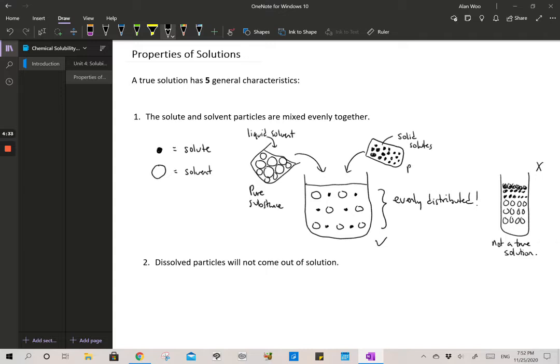And this is another pure substance. But when you mix them together as a mixture, then it's called a solution. So really, solution is just a fancy word for mixture.